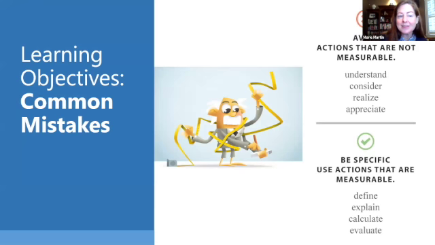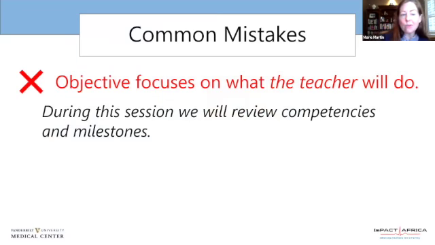So some ways that you can avoid some of the common mistakes, such as maybe being too lofty, unspecific, unmeasurable, is to think about some of the common mistakes. So one of those is having objectives focused on what the teacher can do versus what the learner should be able to demonstrate.